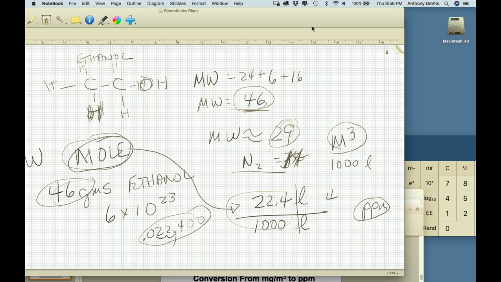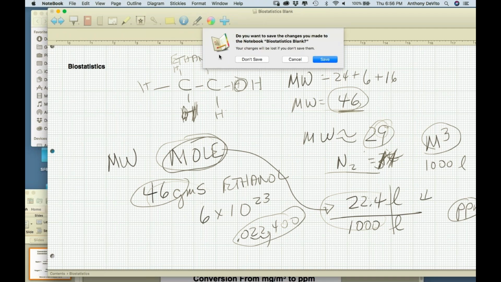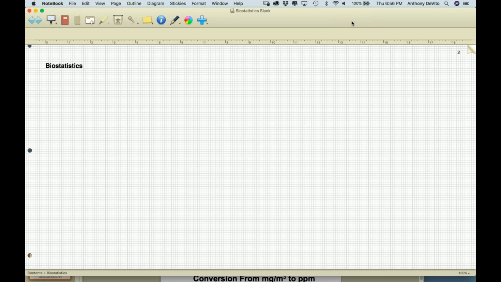So let me see, what did we say was the permissible exposure limit for toluene? Was it 200 parts per million?